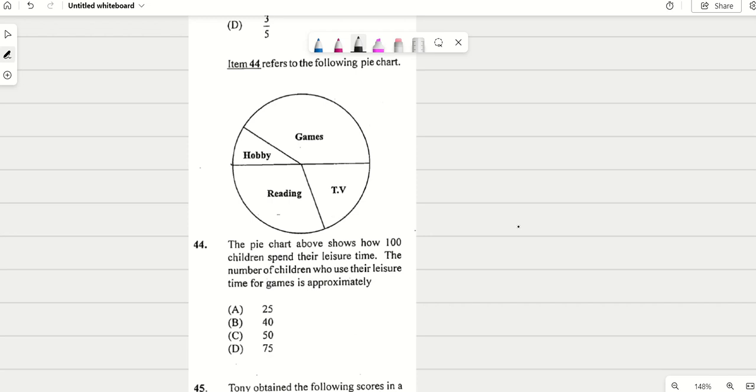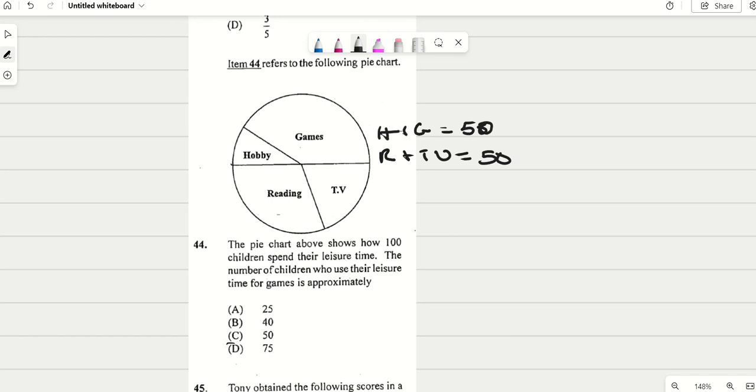So that means hobby plus games is equals to 50. And reading plus TV is also 50, right?